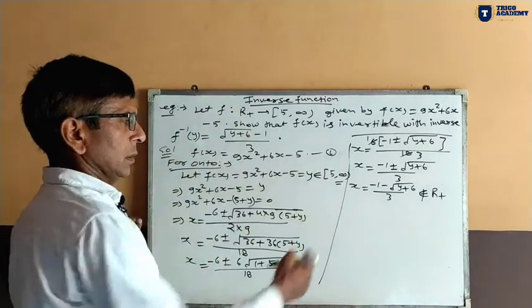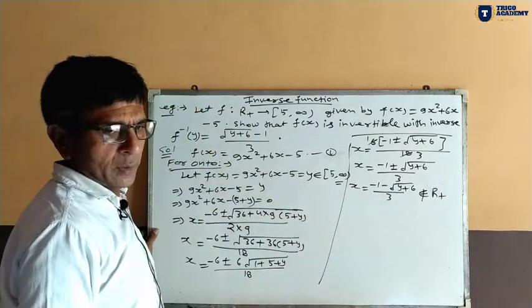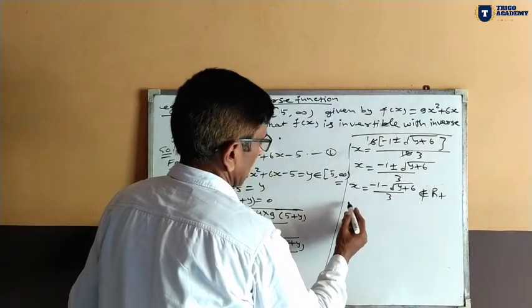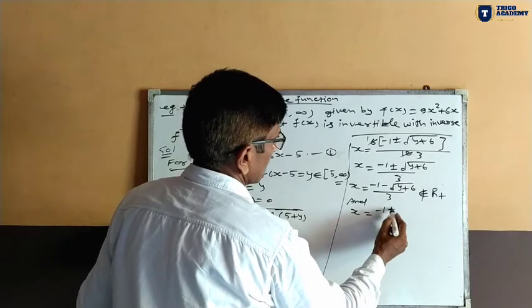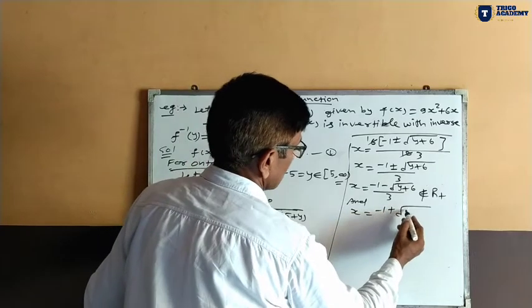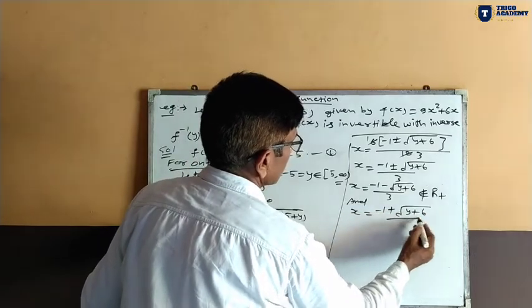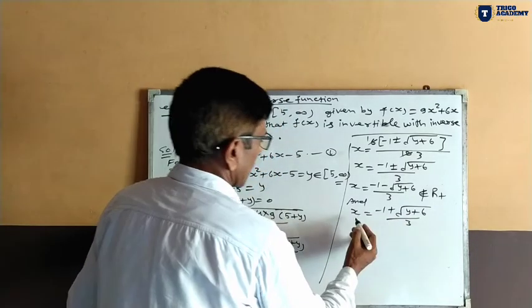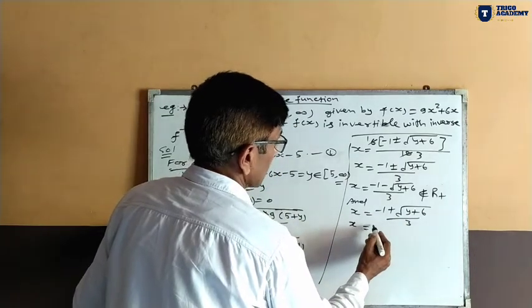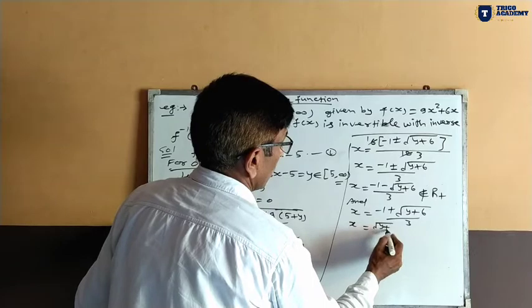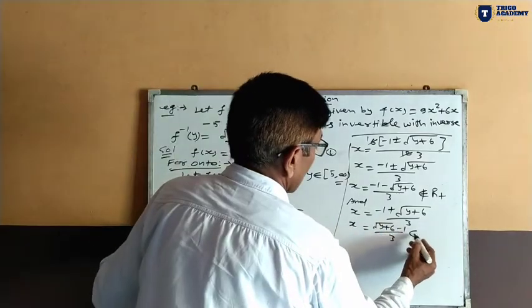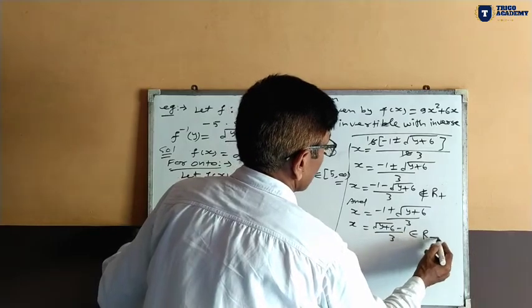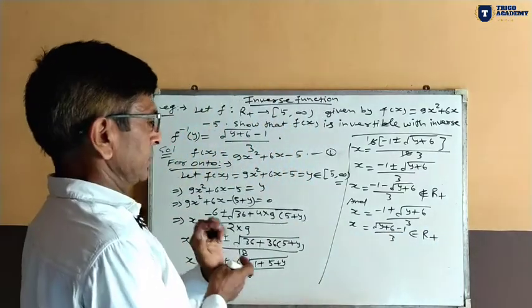Due to this, this value of x is not possible, and x equal minus 1 plus root y plus 6 upon 3, or x equal root y plus 6 minus 1 upon 3, it belongs to R positive.